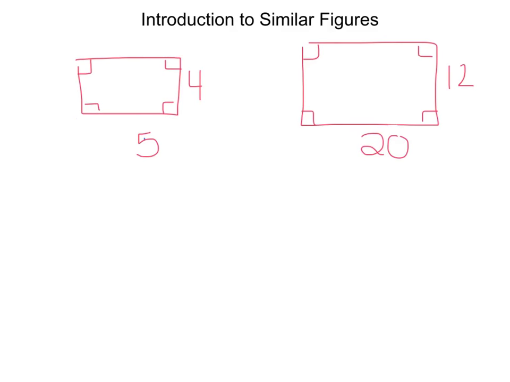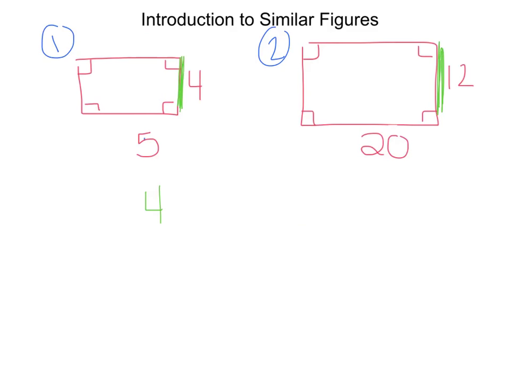Alright, let's take a look at one last pair of figures here to determine if these are similar or not. Okay, we'll call this figure 1 and figure 2, just so that we can tell them apart. So let's take a look at our corresponding sides in figure 1 and figure 2. Let's start with this side is a 4. And the corresponding or matching side on figure 2 is labeled 12.